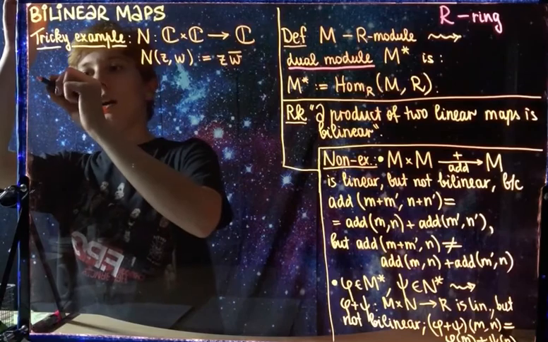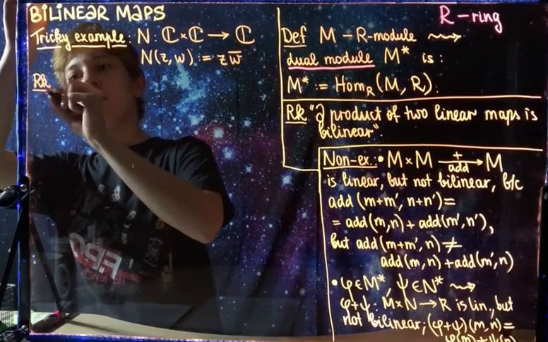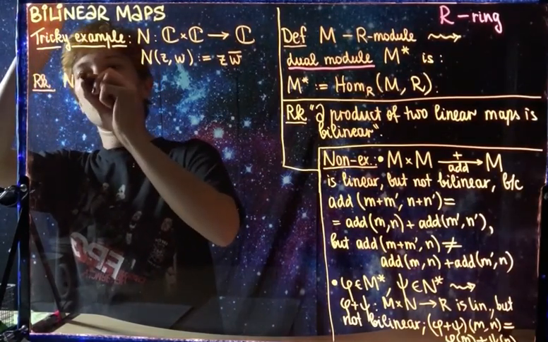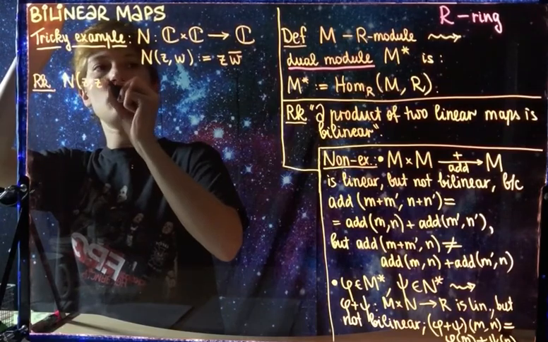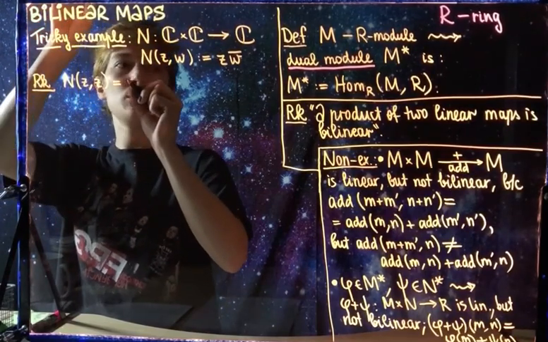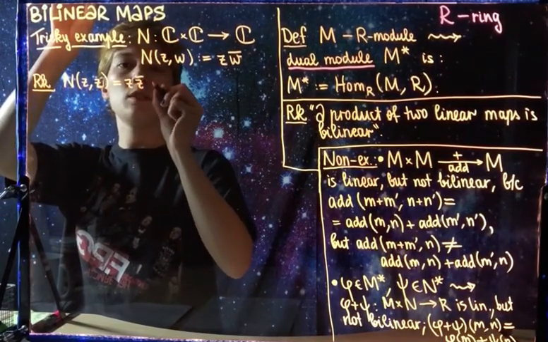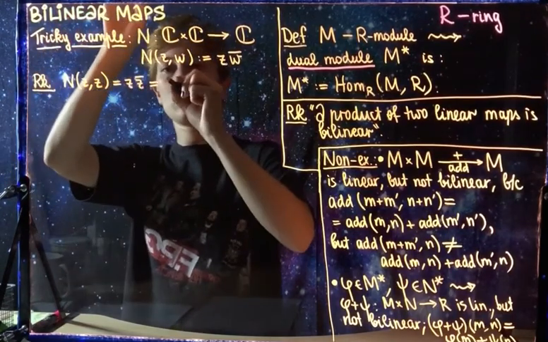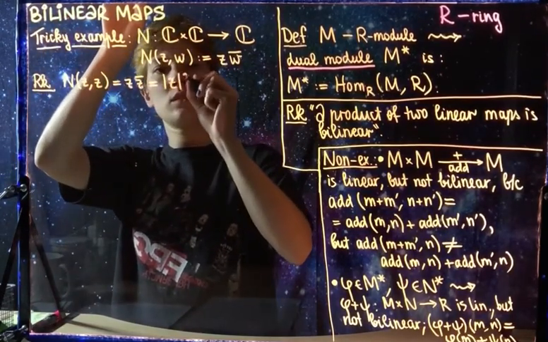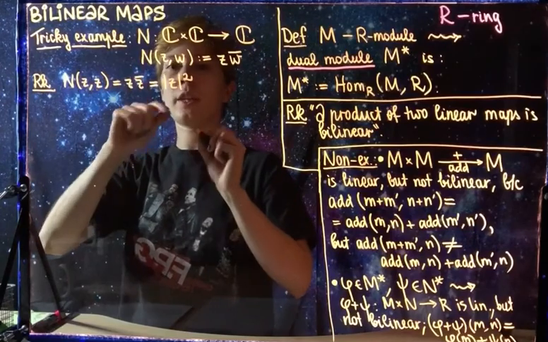And I call it a complex norm because n of z comma z is equal to z times z conjugate, which is the square of the length of this vector.